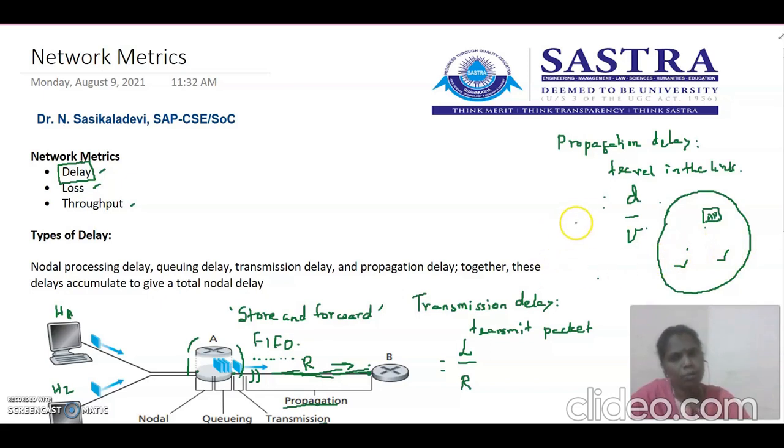One more important point before getting into the program: satellite communication. Consider the distance between the earth station and the satellite, because satellites are in a geostationary orbit. The distance will be constant because the satellite is kept inside the geostationary orbit.